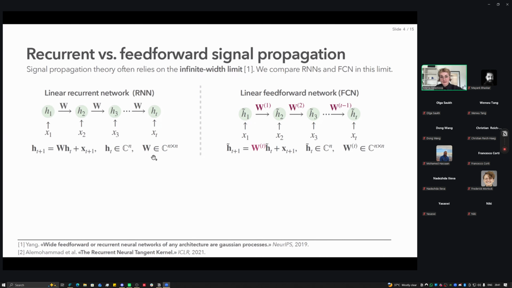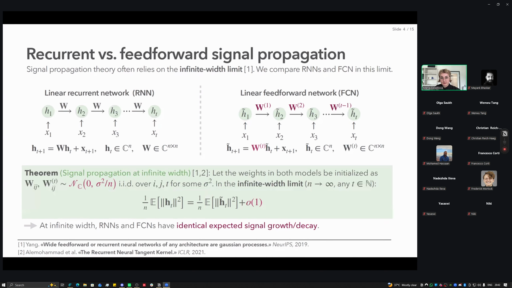And one note, here I define the models with complex weights because in linear models, it's somehow common to use complex weight matrices, but I will also often speak about recurrent real and complex models separately throughout the talk.